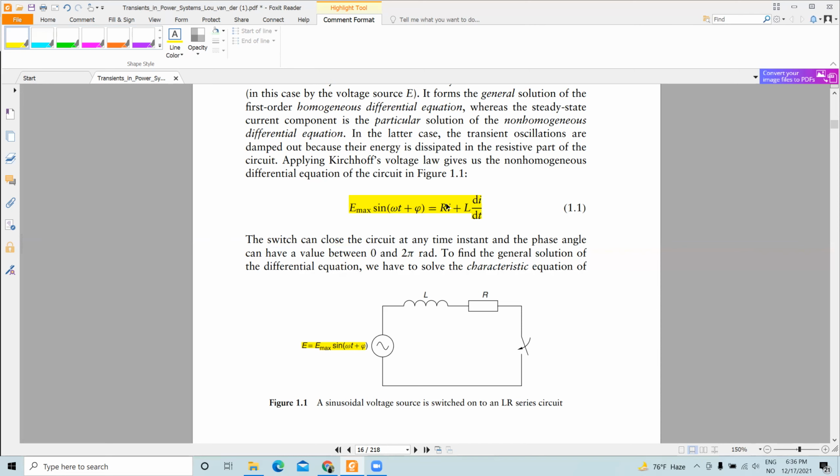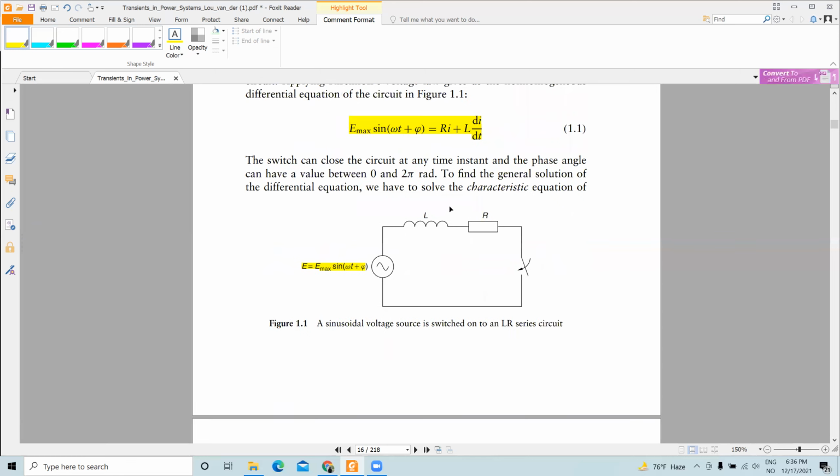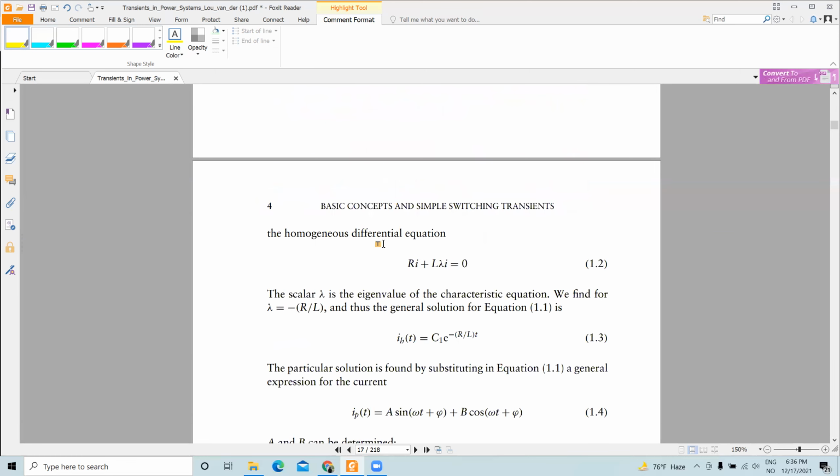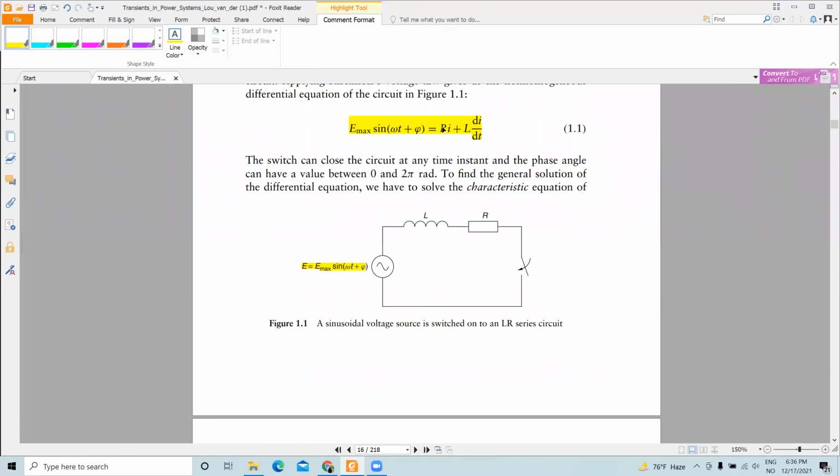So from the general guess, I looks like an exponential function and a sine or cosine function. Okay, so the homogeneous part is the right hand part.